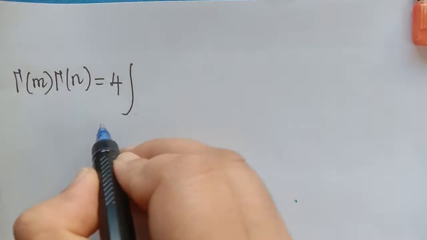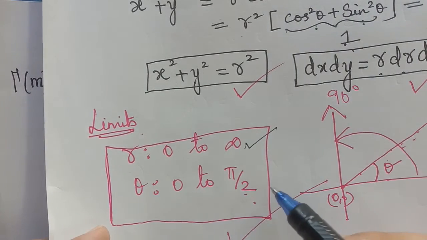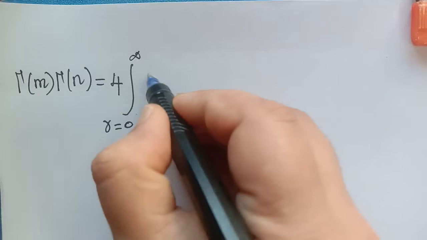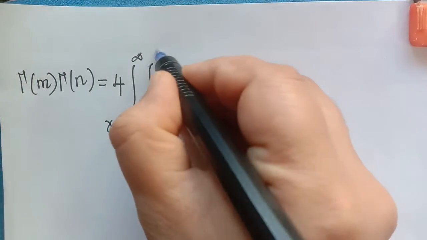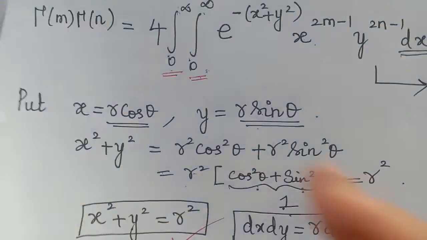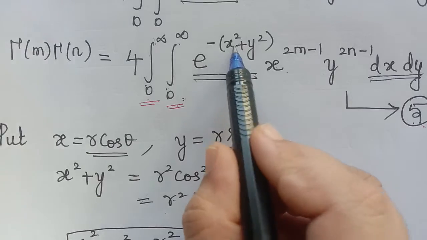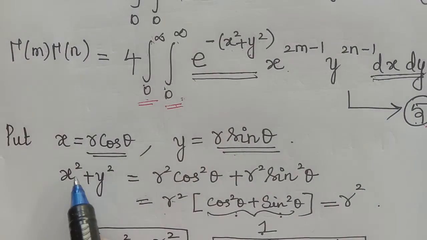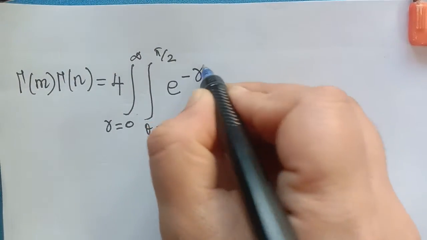So this will be integral r equal to 0 to infinity, since we saw that the limits for r are 0 to infinity, and the limits for theta are 0 to pi by 2. Then we have e to the power minus of x square plus y square. But what is x square plus y square? We have got it to be r square.